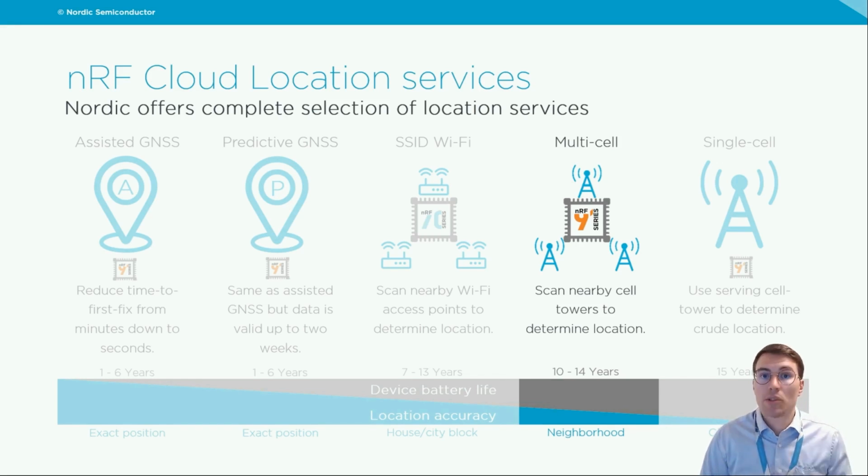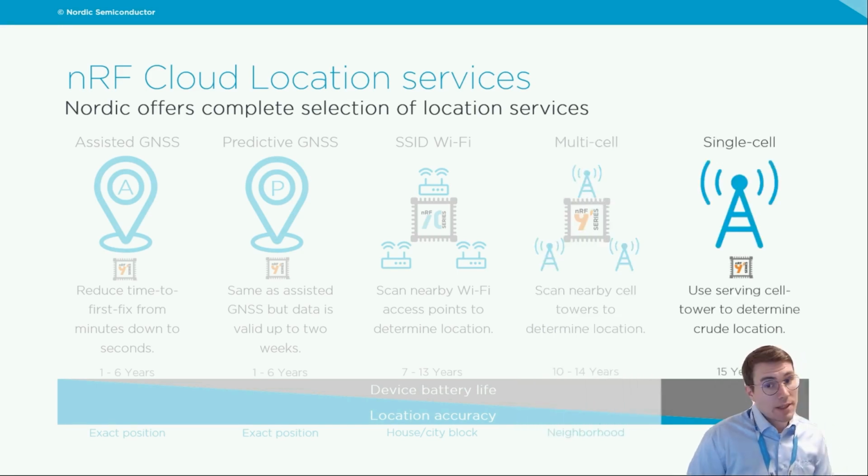However, this is using minimal power consumption, so if you don't need that high accuracy, this could be a good choice. And at the end, you have single cell, basically just using one single base station. So you can expect an accuracy of 1 kilometer maybe using this, based on your location.